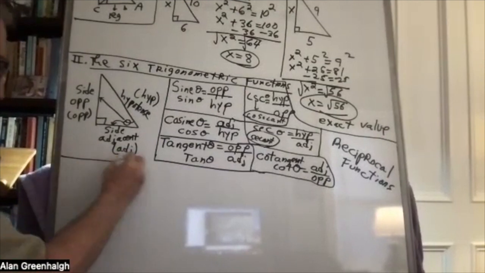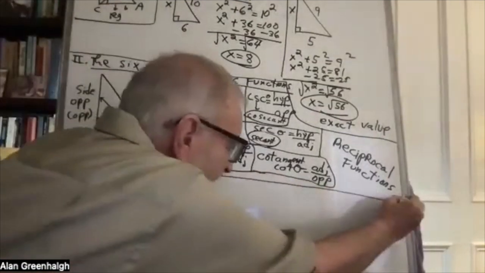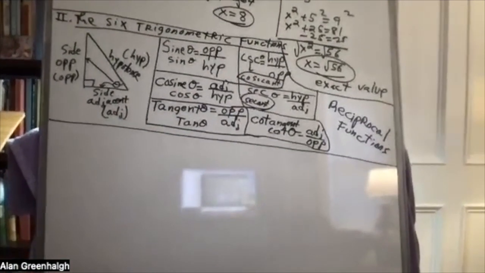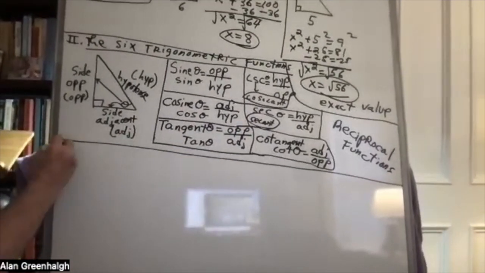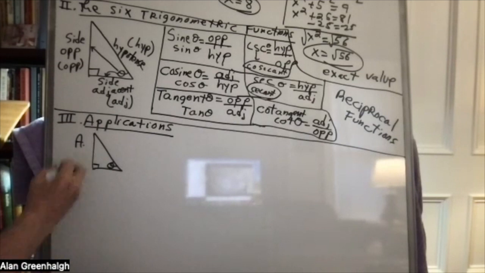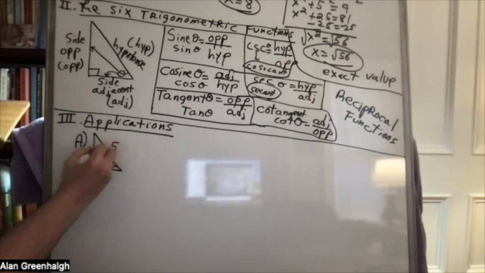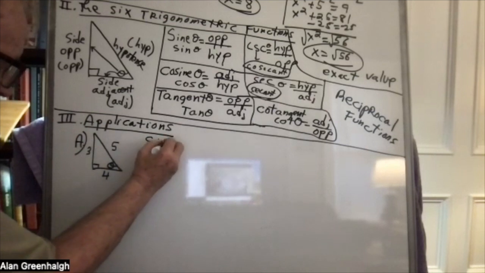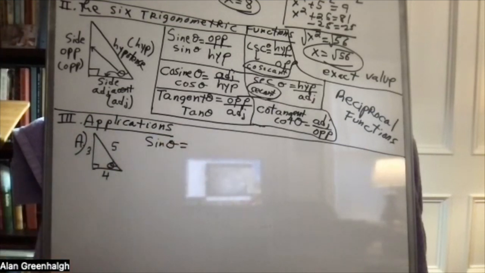Now, how is all this used? So now let's take a look at applications. Okay. So here's a triangle, and let's label the sides as 3, 4, and 5. Now, if I asked you to find the sine of theta, you would say, here's theta.